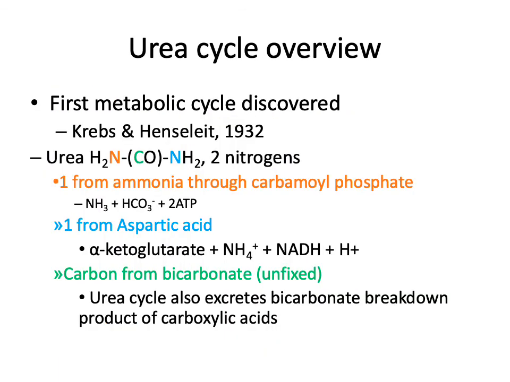Okay, I want to go through the urea cycle again, and just a few things about it. It's really the first metabolic cycle discovered, in 1932 by Krebs. Again, each round of the urea cycle gets rid of two nitrogen molecules, one that comes from free ammonia forming carbonyl phosphate.